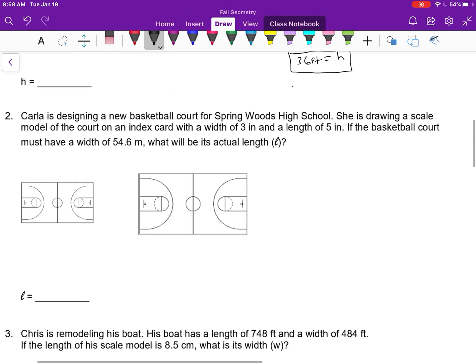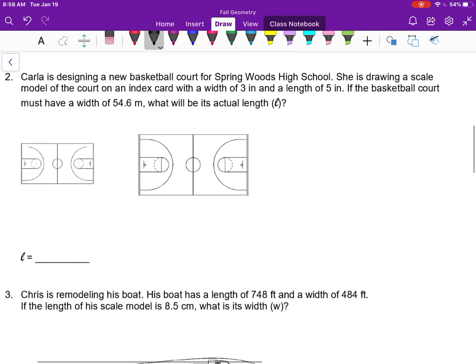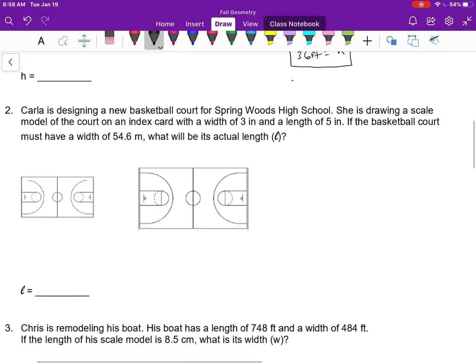Alrighty, so next one, let's go with number 2. Carla is designing a new basketball court at Springwoods High School. She is drawing a scale model of the court on an index card with the width of 3 inches. Let's change that to a width of 5 inches and a length of 8 inches.